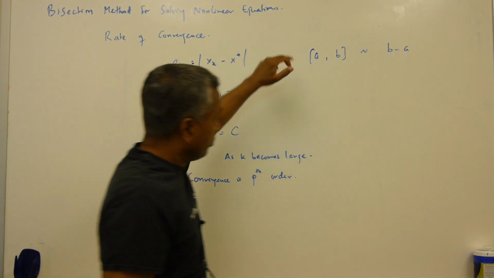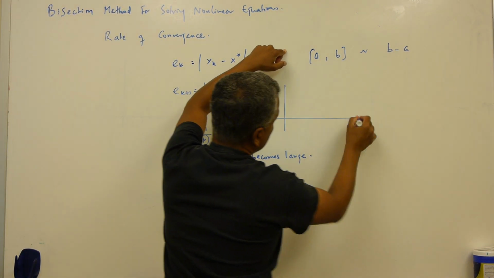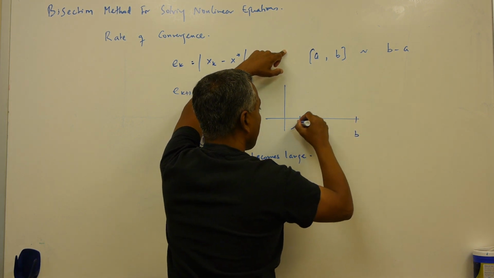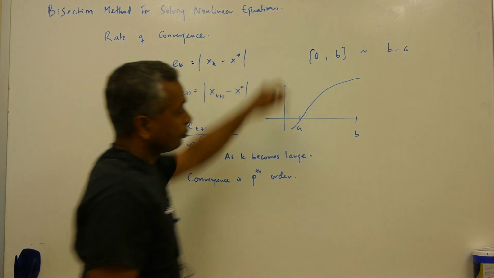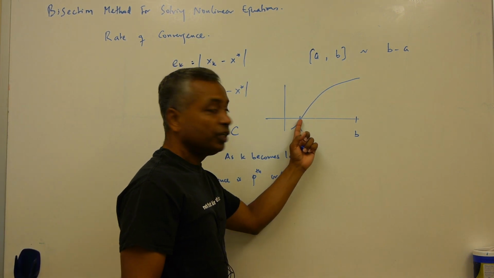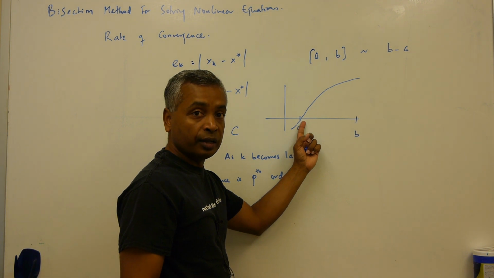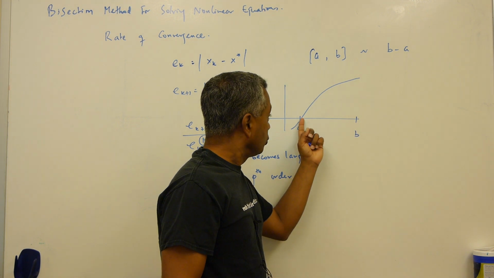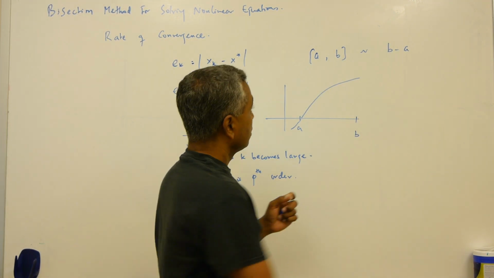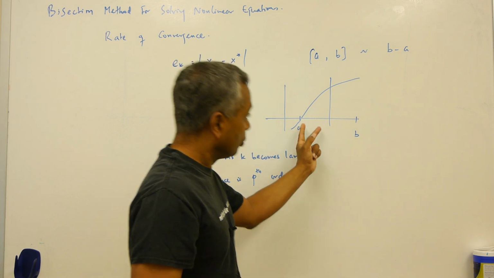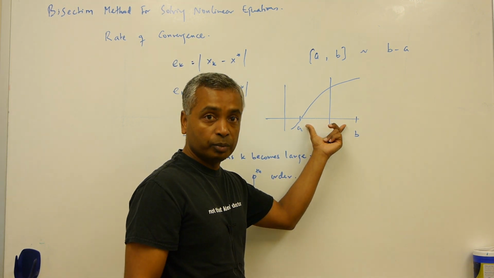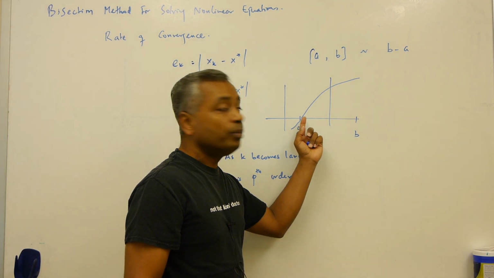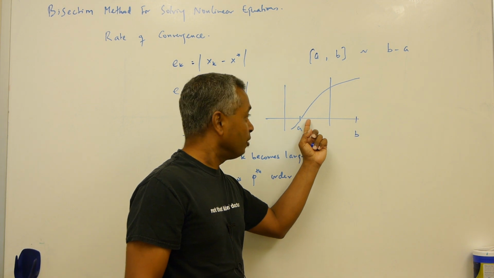The function could have been something like this, with a and b here, so the root is actually infinitesimally close to a. The function still flips sign between a and b, but the root could have been right here, and your guess is that it's anywhere in this range of a to b.